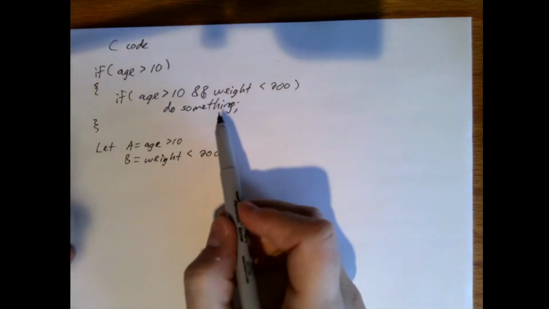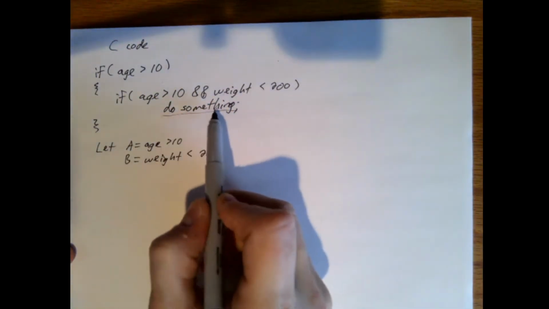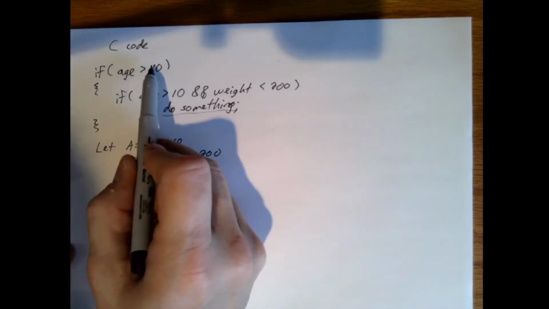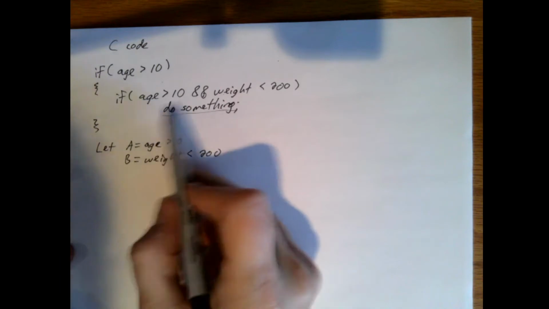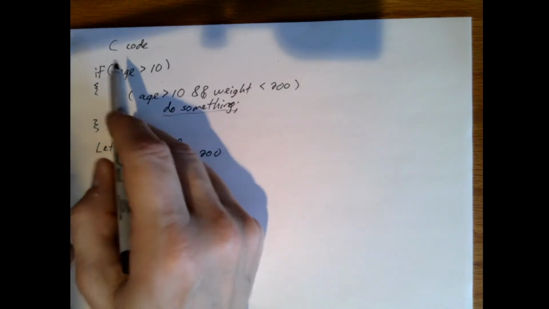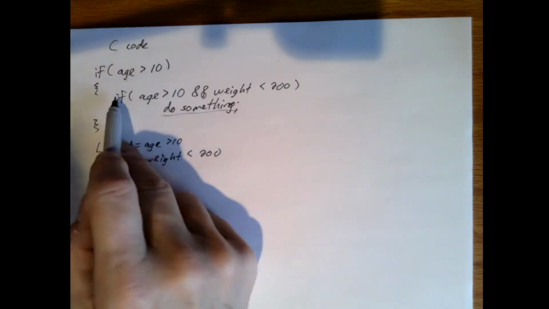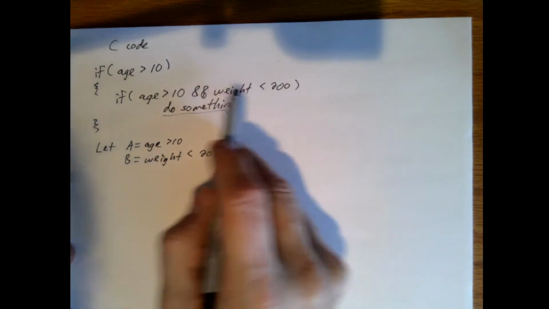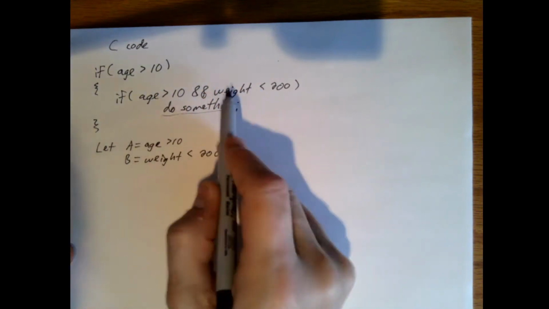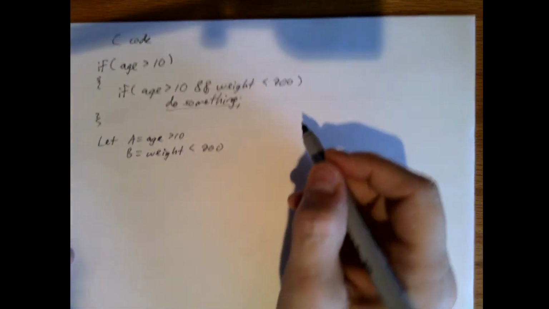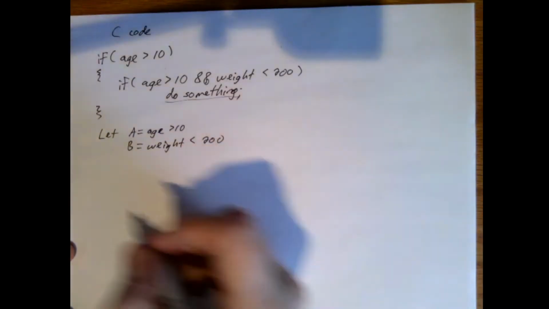Well, let's think about what happens. In order to get to do something, age has to be greater than 10. If age is not greater than 10, then we never enter the body of the if statement. So age has to be greater than 10 to come down here and ask the follow-up question. And then in order to do something, age has to be greater than 10 and the weight has to be less than 200. So what we have here is this.